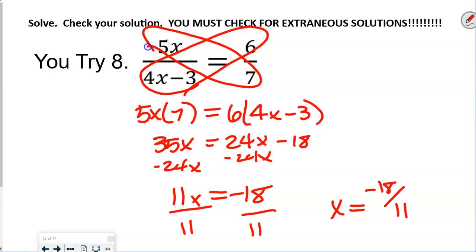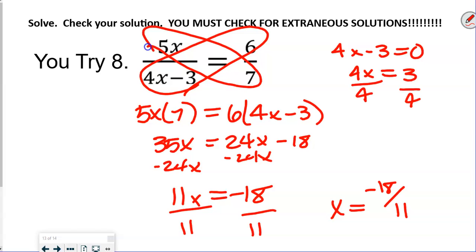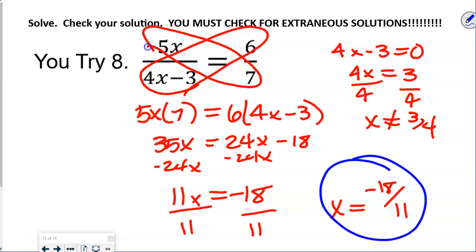And again, what were our excluded values? We would set this 4x minus 3 equal to 0. So 4x equals 3, because we added 3 to both sides, divide both sides by 4. So x cannot equal 3/4, and it did not. So that was our answer right there.